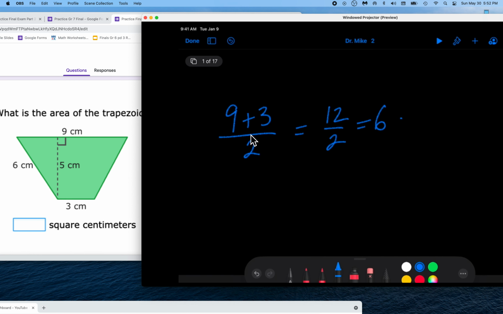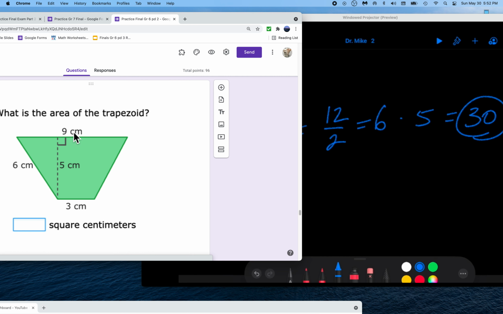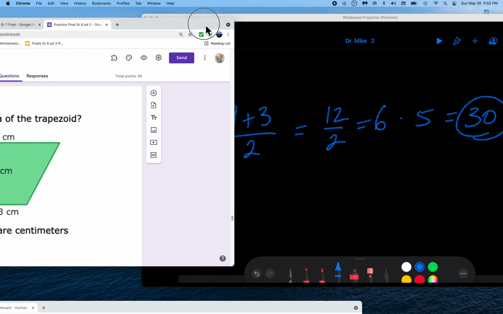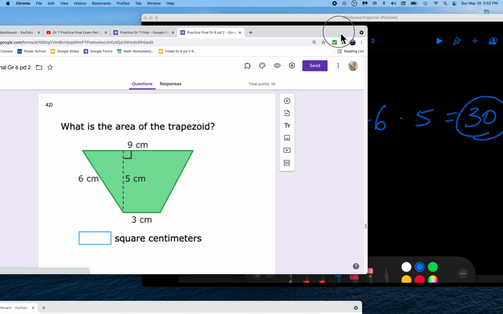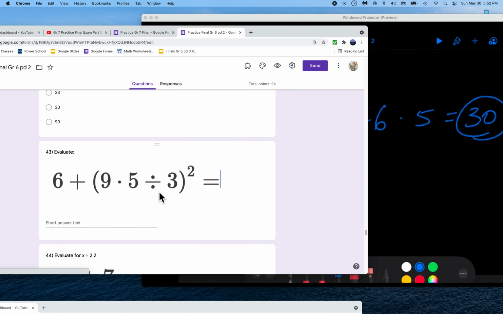Then, once we have the average of the 2 bases, we multiply by the height, and we get our final answer. Remember, the units are squared because we're dealing with area. First thing you do, get the average of the bases. You add them, and divide by 2, that's what we did. They add to 12, divide by 2 is 6, multiply by 5 is 30.